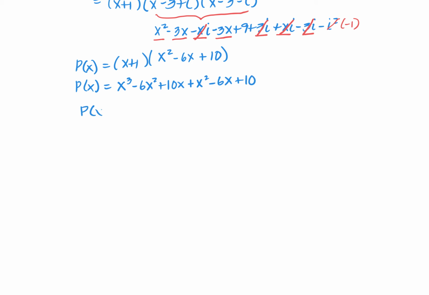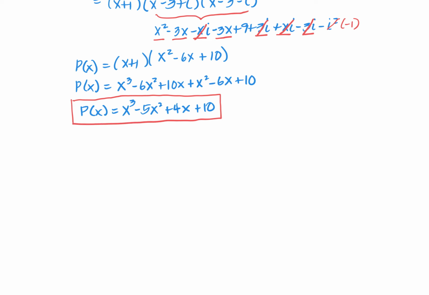Combining my like terms, I'll get x to the third minus 5x squared plus 4x plus 10. And notice that this polynomial is degree 3, so it is a cubic polynomial, which tells me in all likelihood I did my math correctly, but there can always be error.